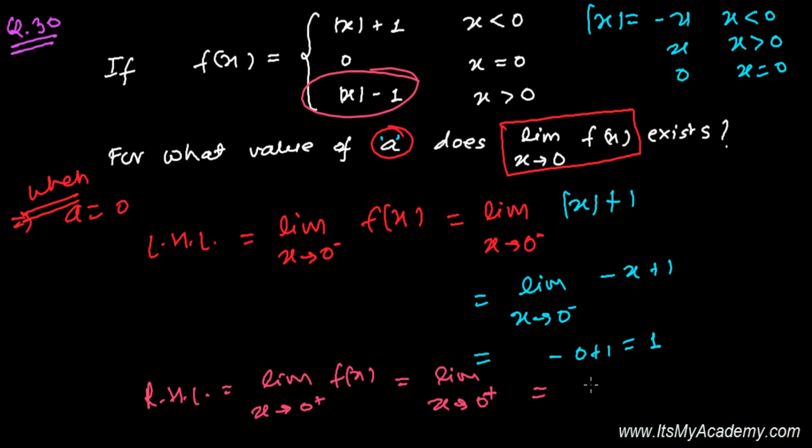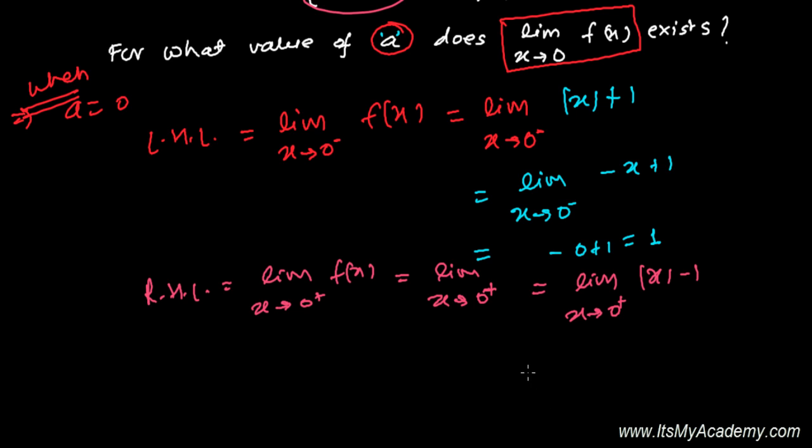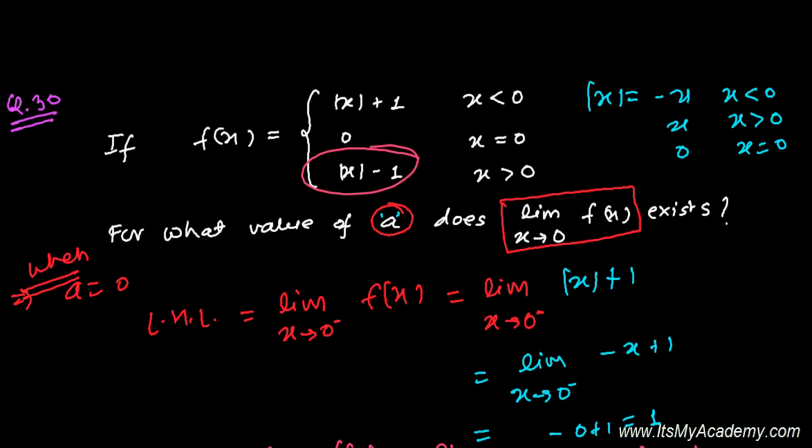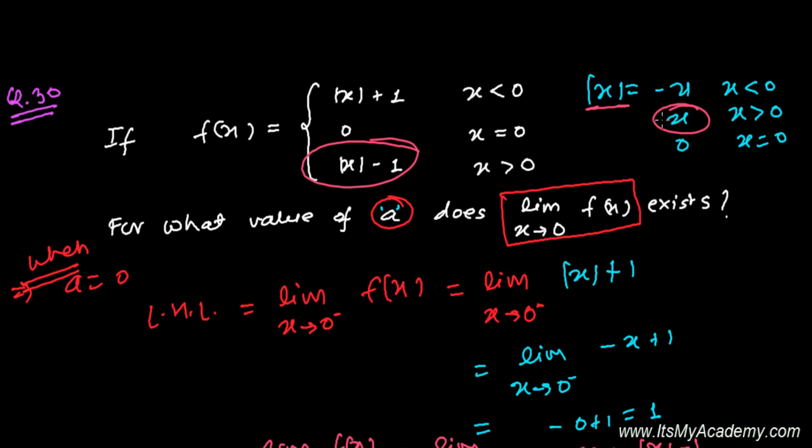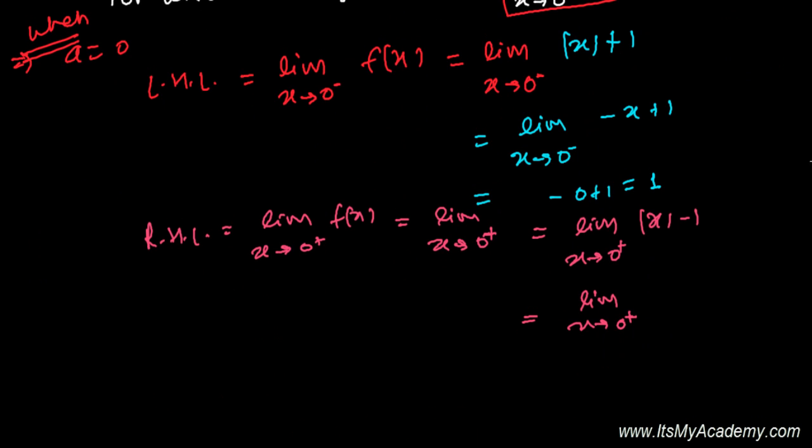Right, so it will be limit x tends to 0 plus of the absolute value of x minus 1. And as I told you, whenever the value of x is slightly bigger than 0, it is a positive number, and when it is a positive number, the modulus value is just that number. Right, so it's just going to be x minus 1. And now let's plug in the value of x, so it's going to be 0 minus 1.